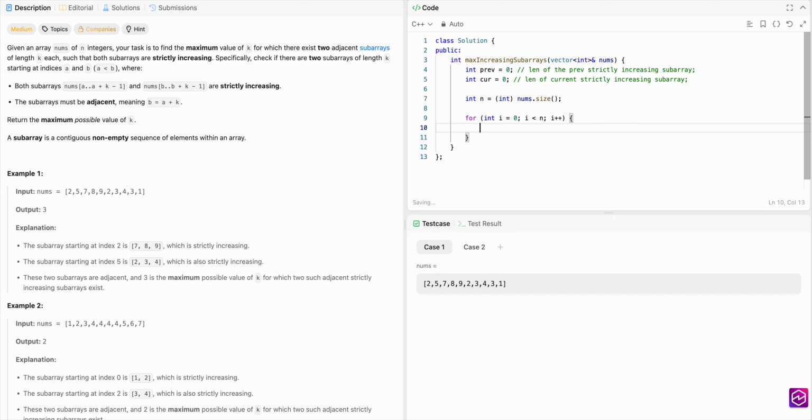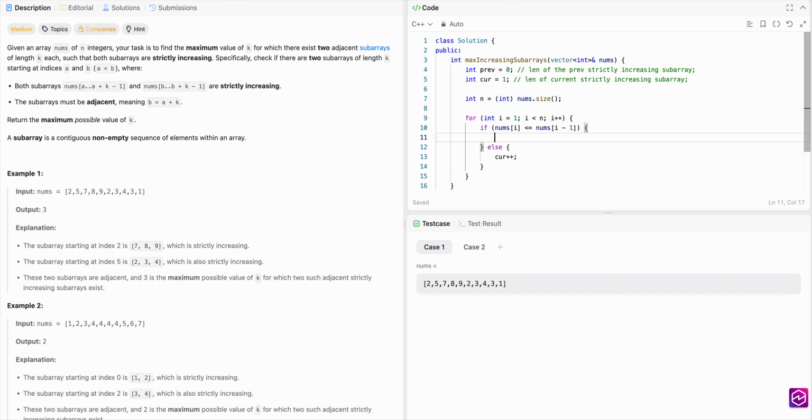Okay, so basically how can we do this? One way is to check. Current is 1 because we are iterating on the first one, so we'll just check that if nums of i is less than or equal to nums of i minus 1, then that means this is a decreasing order, this is not strictly increasing, otherwise we'll just increase our current.